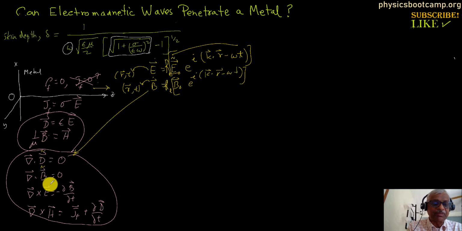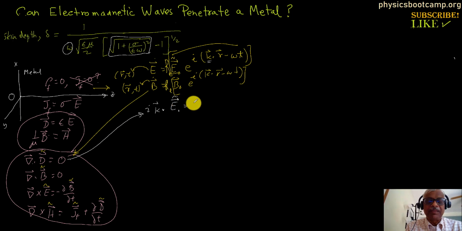You can put a tilde over all of this to make it complex, and we'll plug this in there and see where it leads us. So when you do this, k is the direction in which it's traveling. You get del dot, which gives i k dot E0 tilde equal to 0.